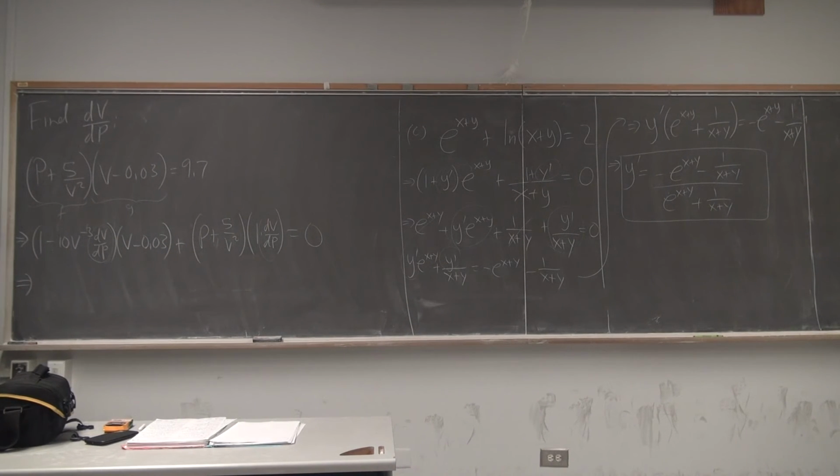How do I solve for that? You mean FOIL? I can expand these brackets to get this guy out in the open. So it's 1 times this, 1 times that. It's going to be this times v.